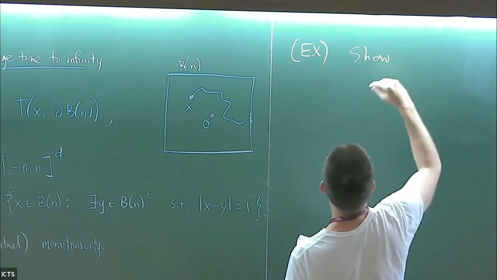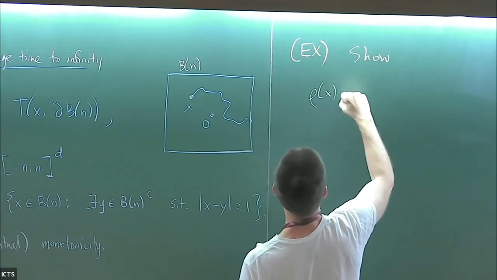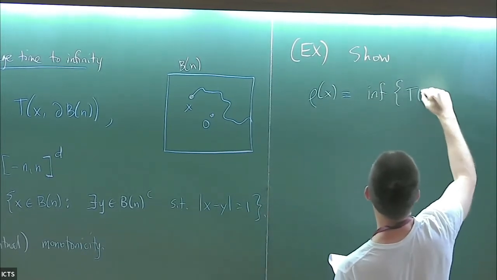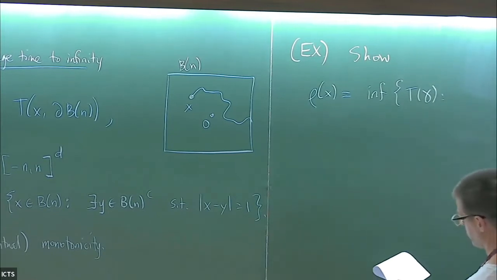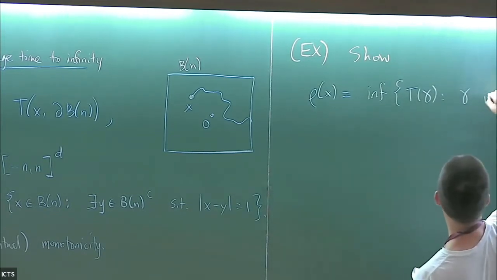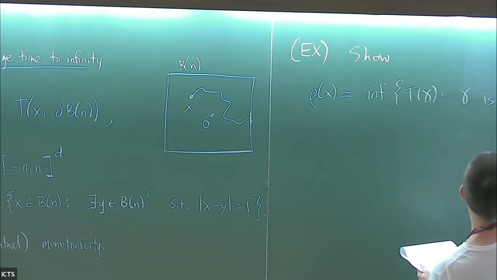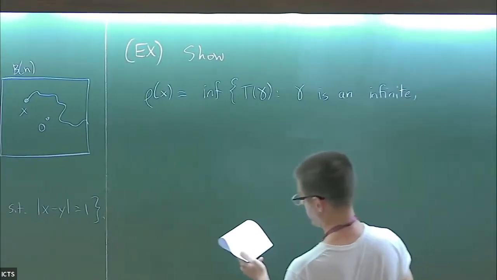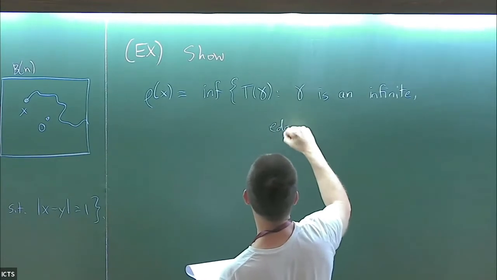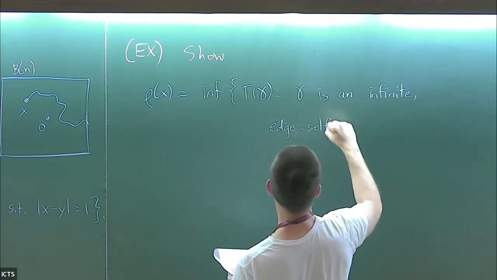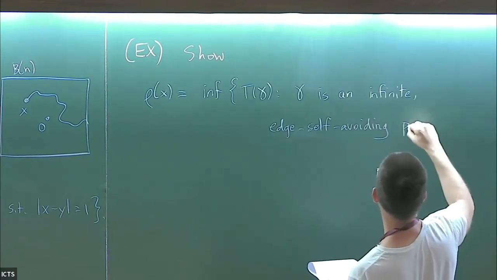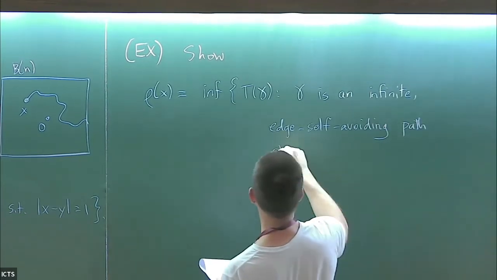So you can show that rho x is equal to the infimum of T gamma over all paths gamma which are infinite, edge self-avoiding paths started from x.